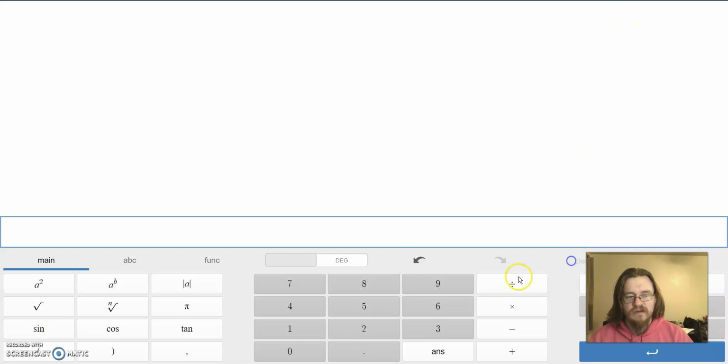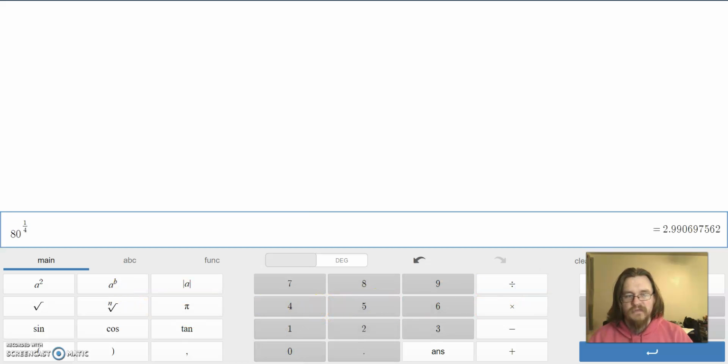So let's clear all. I take 80 raised to the 1 divided by 4, and I get this monstrous beast over here, 2.990697562. Quite often these numbers are going to go forever, and it would be impossible to write down all of the decimal places. This is only showing 9 places after the decimal. This actually goes on forever.